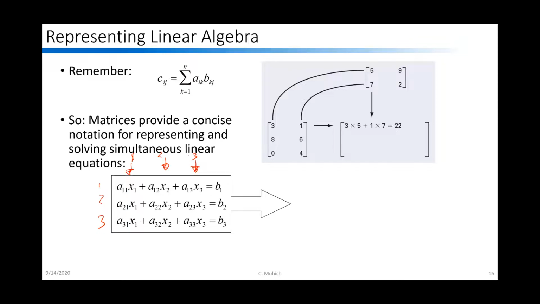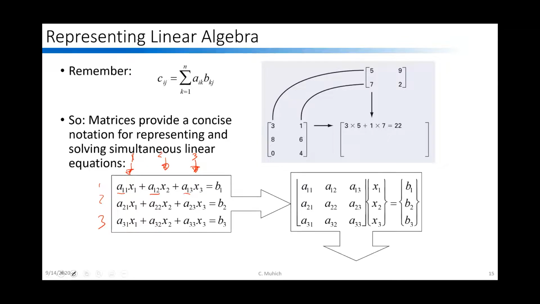What you can see, as I've already laid this out, is we have these coefficients in front of these equations, A11, A12, A13. And I can take this and I can pull out these x1, x2, and x3 in order to form a matrix. All right?